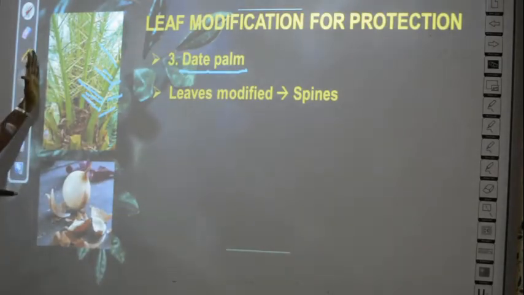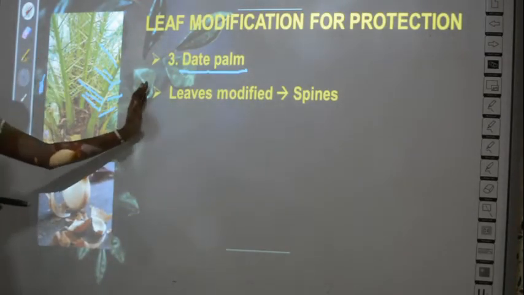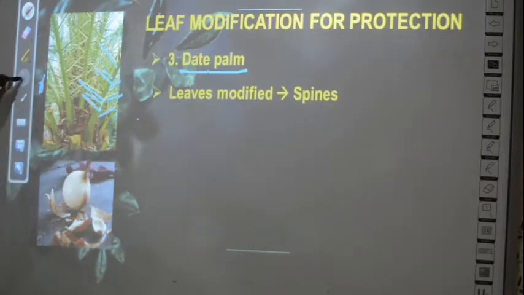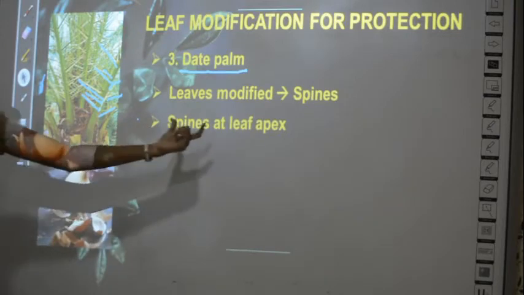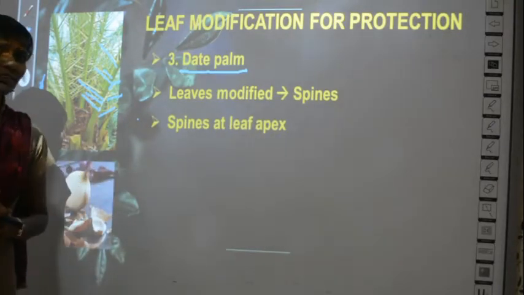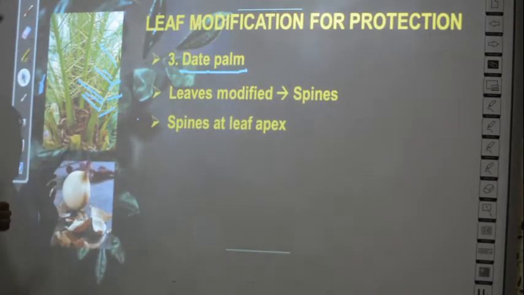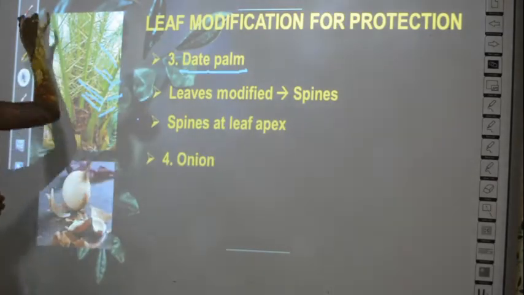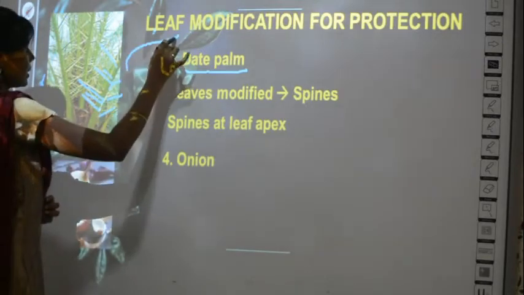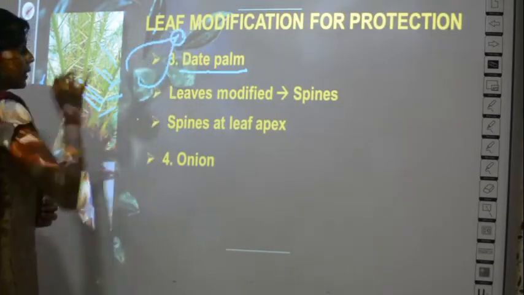Okay. So what is more given? It is present in the leaf apex. What is leaf apex? Leaf apex is the tip of the leaf, right? If there is a leaf like this, this is the apex. Okay.